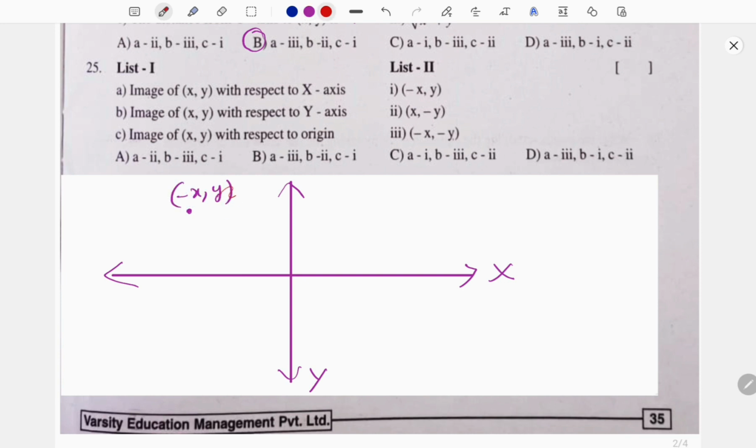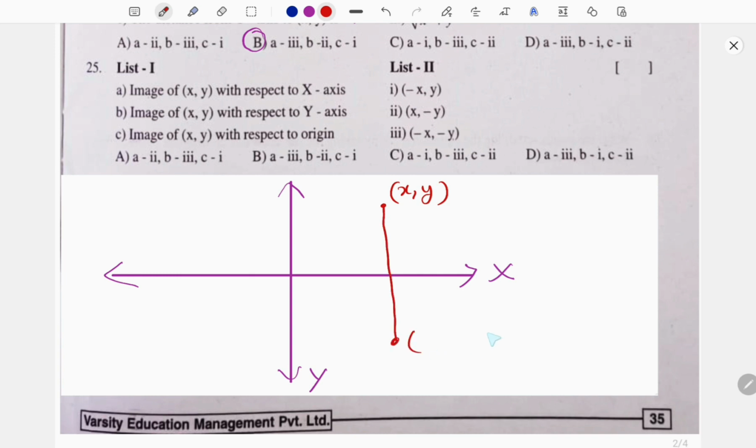Now the image of this point, given as x comma y, you can take the point here, x comma y. First, the image of x comma y with respect to the x-axis. With respect to the x-axis, the image is here.